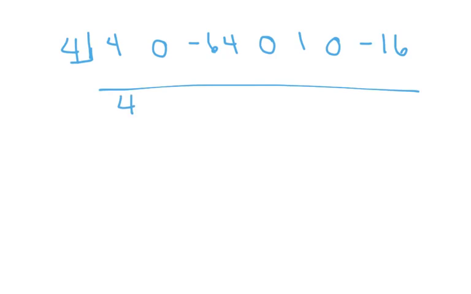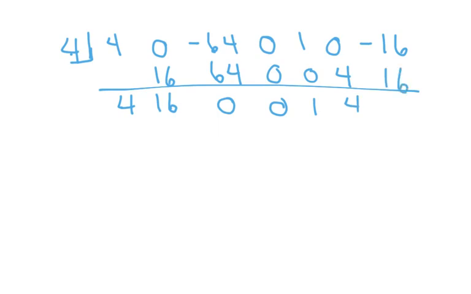I bring down the 4, and I'm going to multiply. 4 times 4 is 16, and add. Multiply and add. Multiply and add. Multiply and add. Multiply. And I do expect you all to get this fast, and it's very clear it's a factor.